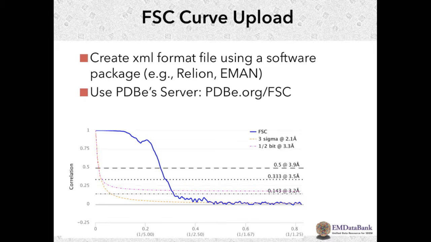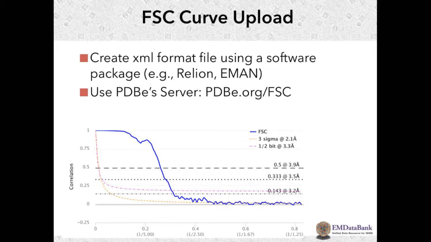It also provides you with all the different possible criteria you might want to use to define your resolution. If you use the server, or if you use software packages that also produce this XML curve, you can upload that curve as well.